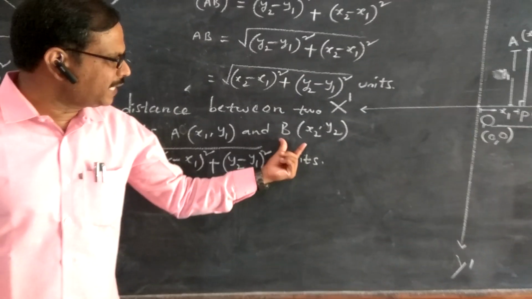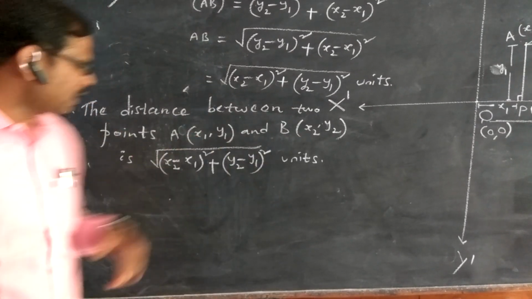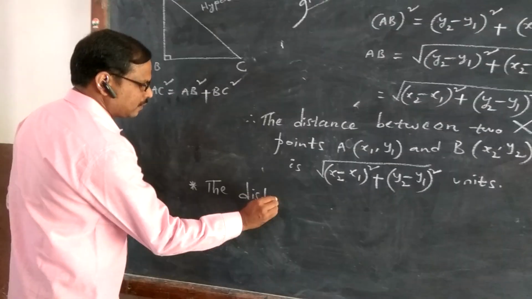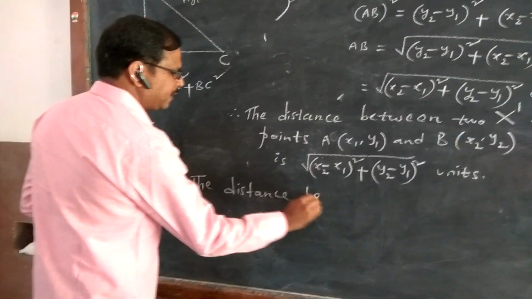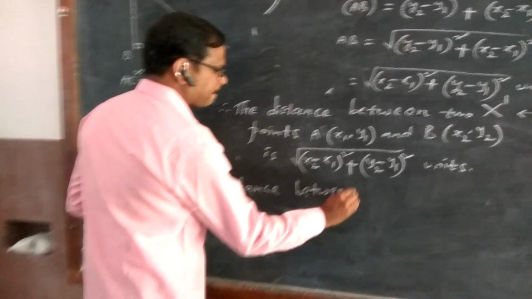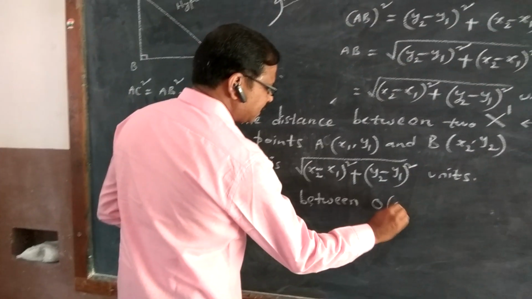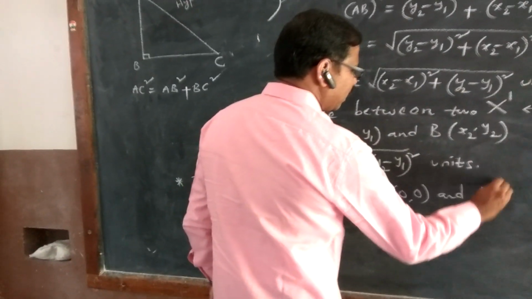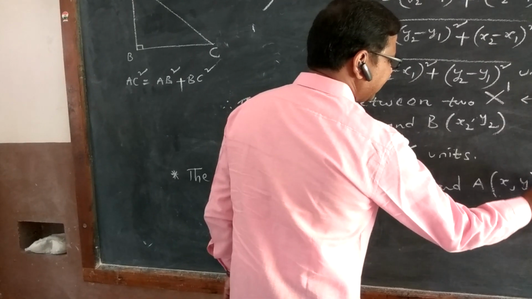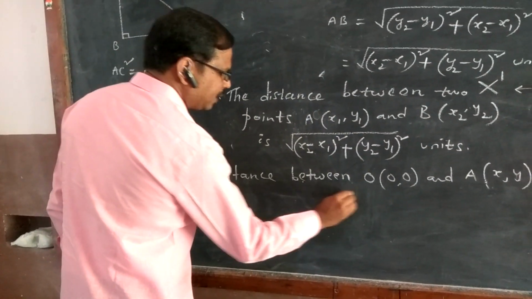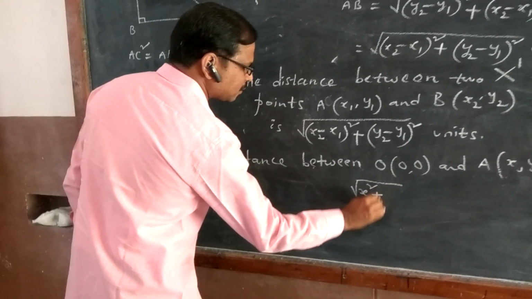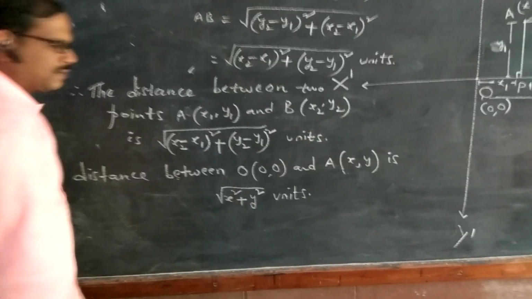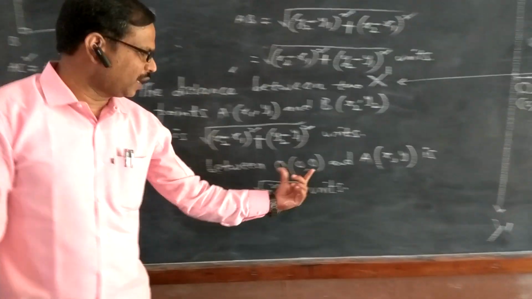When one of the 2 points is the origin, 0, 0, the distance between the origin 0, 0 and a point x, y is the square root of x square plus y square, which you can use directly.